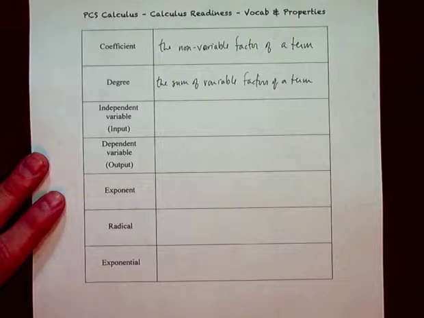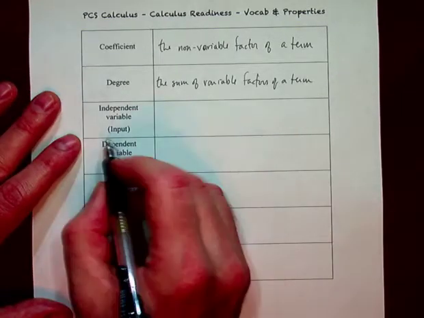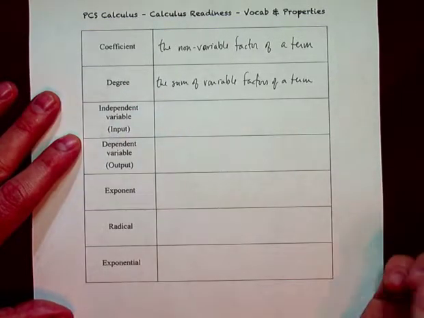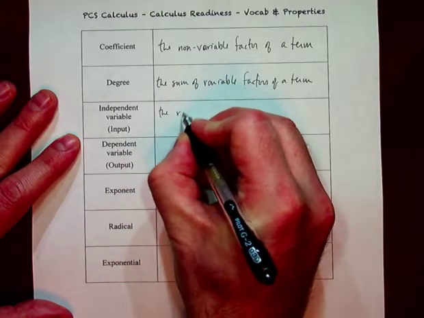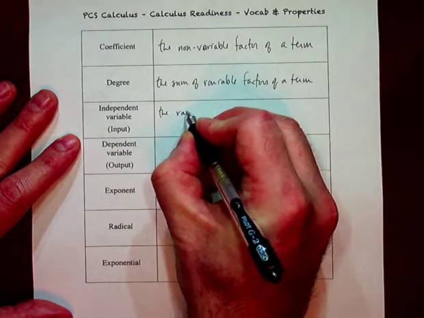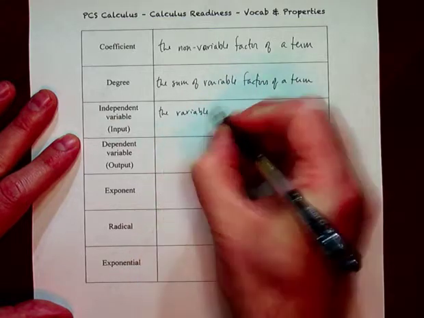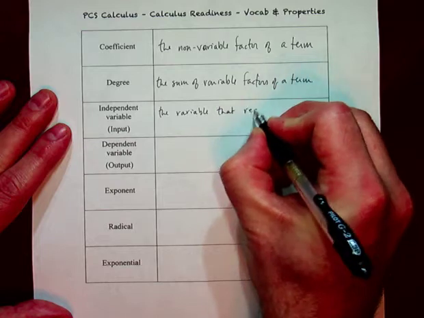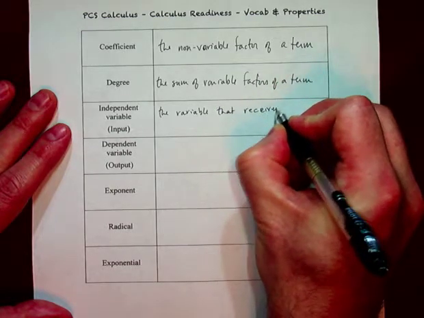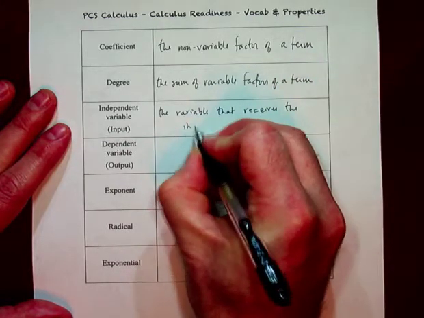So when we're dealing with independent variables, you sort of almost defined it here by the input. It is the variable that receives, I guess is the best way to put it, the input values.